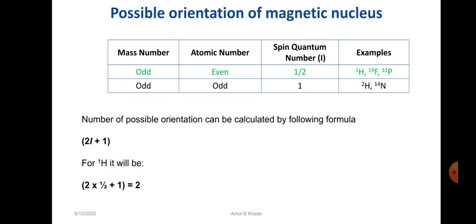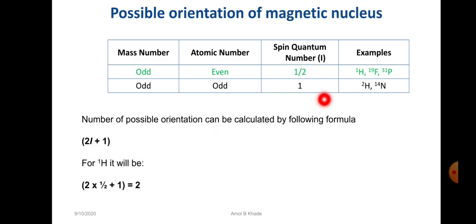Now, how do we find out the possible orientations taken by the magnetic nucleus under the influence of an external magnetic field? When we talk about the proton, the spin quantum number is half, and there is an empirical rule to find the possible orientations of the magnetic nucleus, that is 2I plus 1, where I is the spin quantum number.